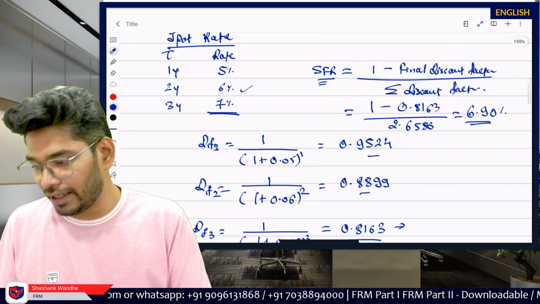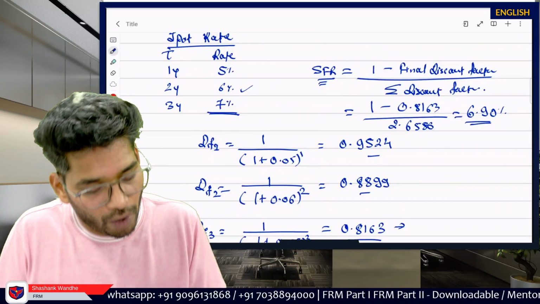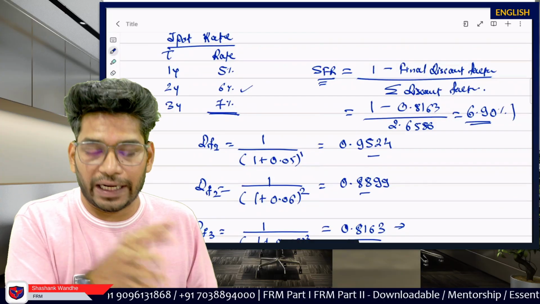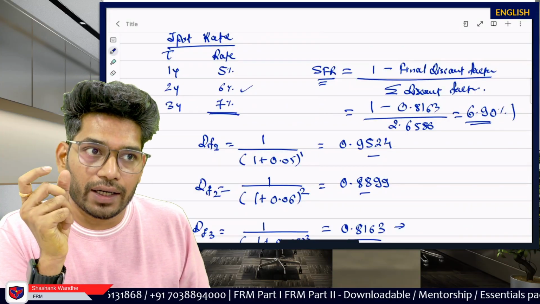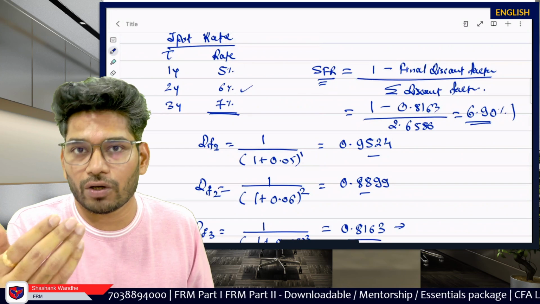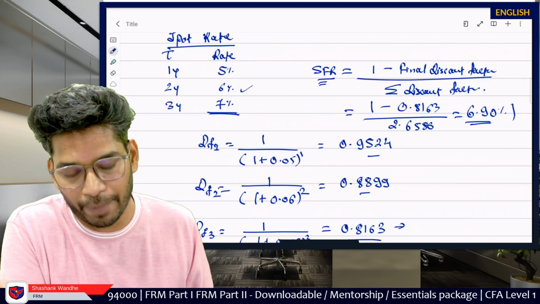Whenever you see the swap rate, it is this particular rate, the SFR. So this fixed rate is required to ensure, as we discussed, that there is no profit or loss for any party.